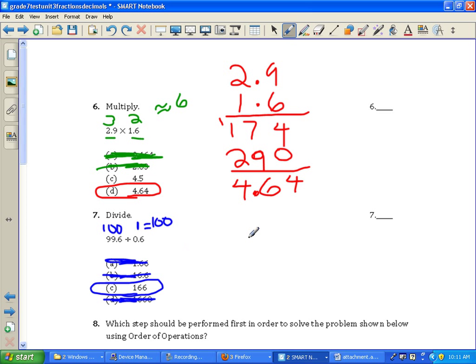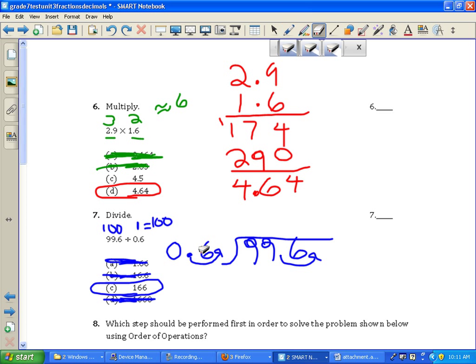Now we can work this out by going 99.6, and we're going to divide that by decimal 6. Now the way to get rid of this decimal, simply shift this decimal over 1, and you must do the same to this one. So now it looks like 6 divided into 996. So I'll erase the decimal now, because this is what we end up with.